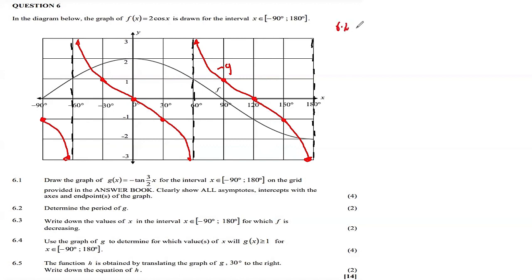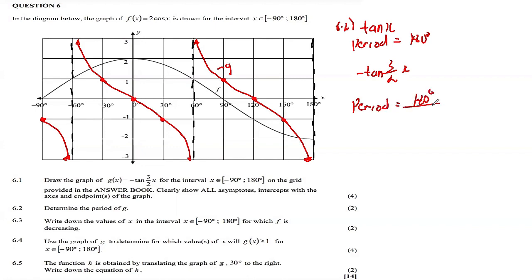So 6.2, the mother graph of tan, tan x, would have a period of 180 degrees. But since now we have negative tan(3/2 x), to determine the period, it is always 180 divided by b, where b is the coefficient of x, the number right before the x. So we say 180 divided by 3/2.